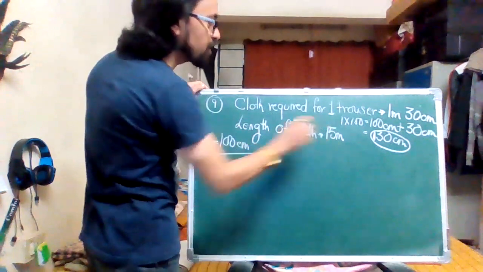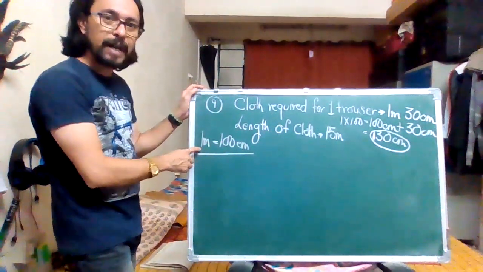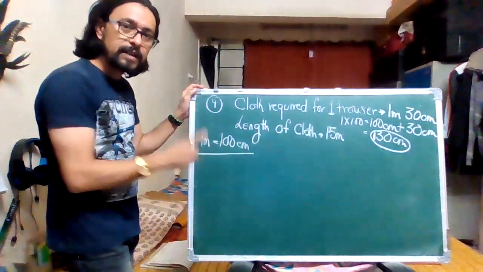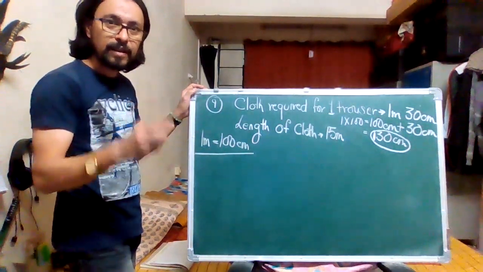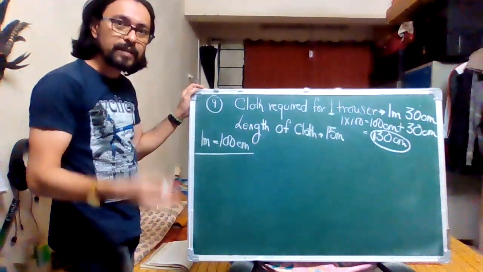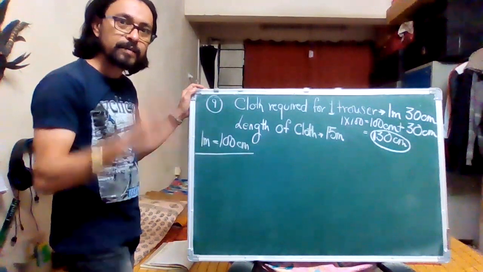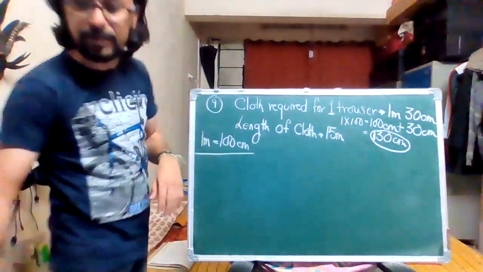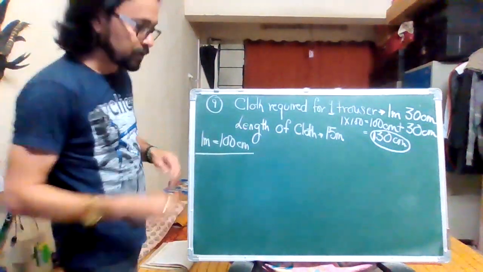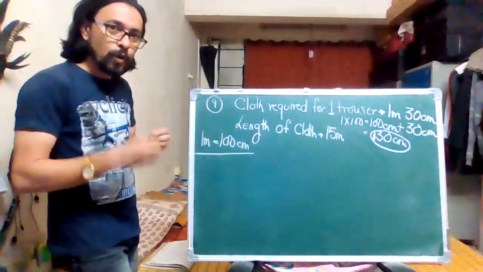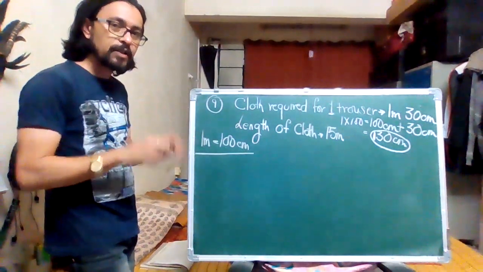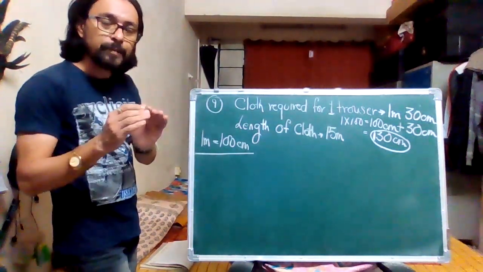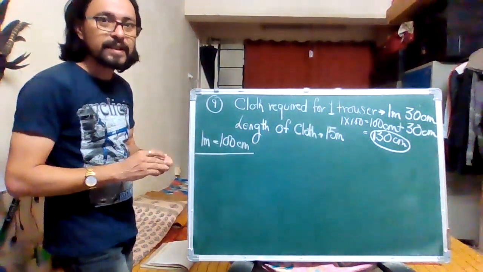Here again, to change meters to centimeters, I multiply by 100 because 1 meter is equal to 100 centimeters. 2 meters, 200 centimeters. 3 meters, 300 centimeters. 4 meters, 400 centimeters. 5 meters, 500 centimeters, and so on. So to change meters to centimeters, whatever is the unit, multiplied by 100, it is changed to centimeters.